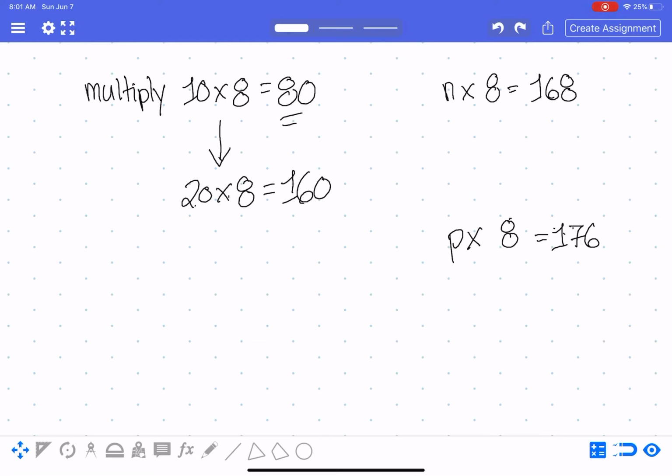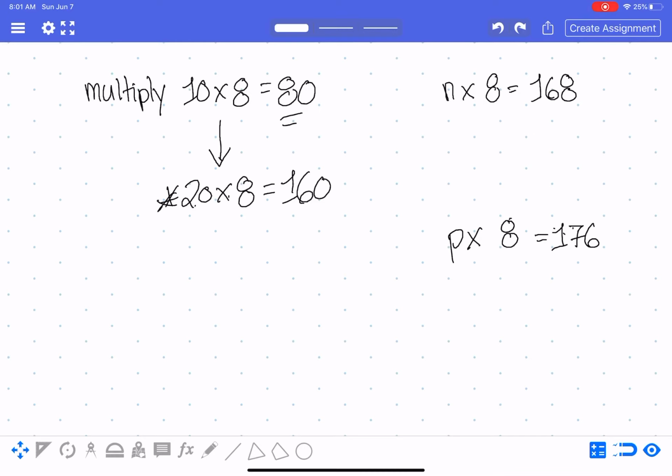Now, this question here is probably more helpful than 10 times 8 to help you solve what's left here, right? So we want to find a value of n, right? So we know that 20 times 8 is 160. Well, that means that really there's 8 left over.